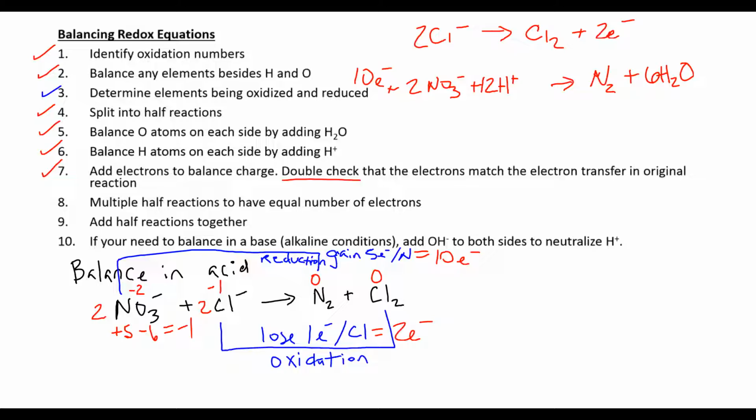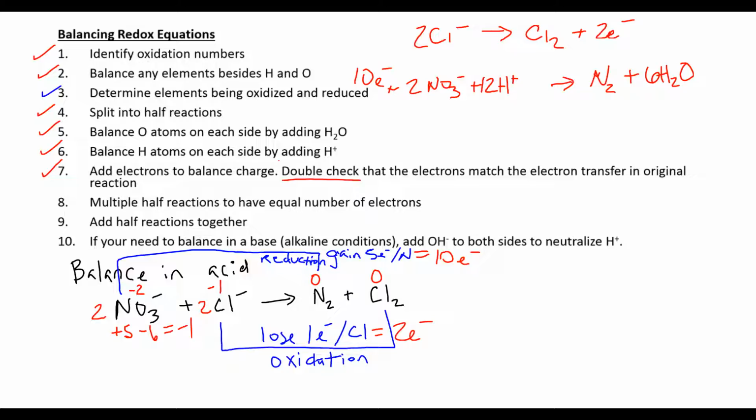Step 8 tells us that we need to multiply the half reactions to have equal number of electrons on both sides. So we'll look at our reaction and see that we have 2 electrons for the chloride half reaction and 10 electrons for the nitrate half reaction. So for us to have a common denominator between the two, we're going to need to multiply our top reaction by 5.